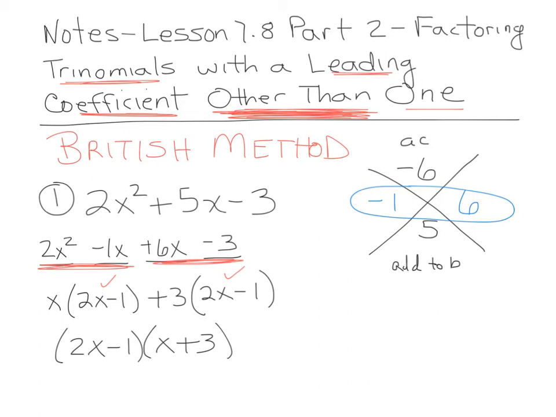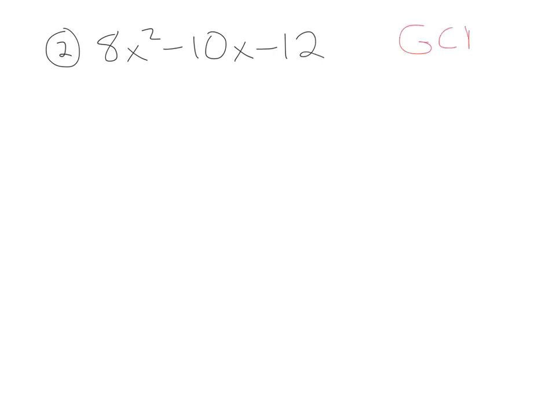Let's try one more. Here's a second example. We'll go with 8x squared minus 10x minus 12. Now remember, we're always supposed to look for a GCF first, always. Sometimes you forget, so I'm just reminding you to look for a GCF first.